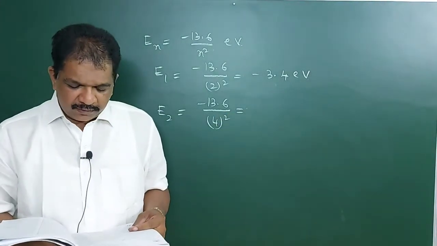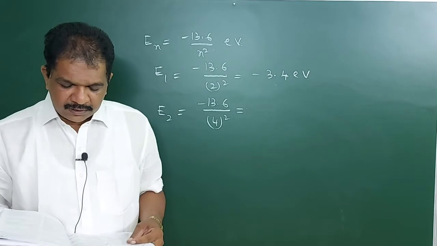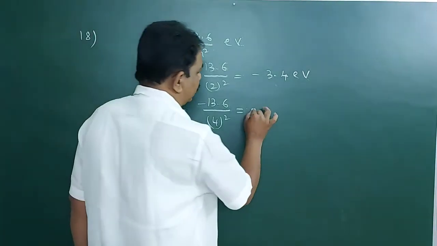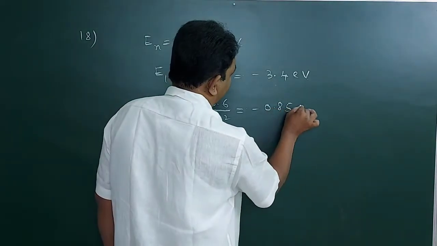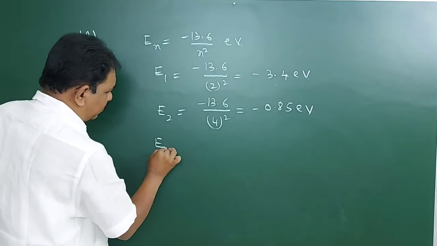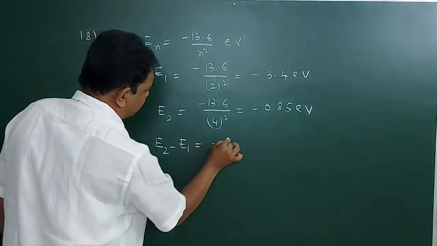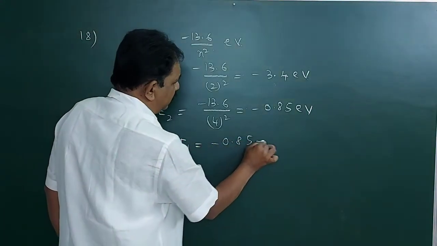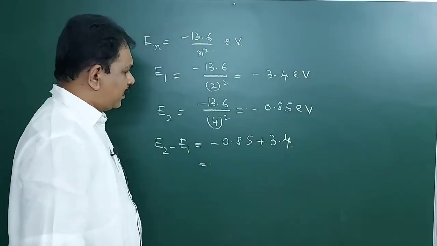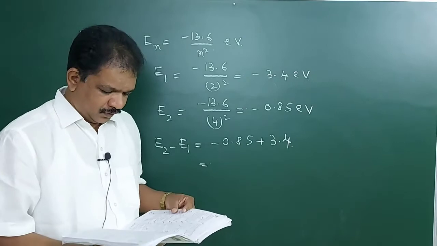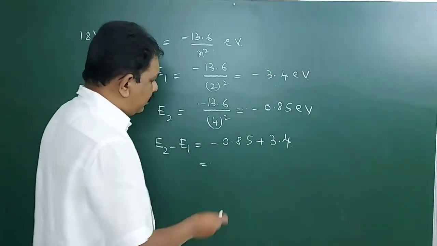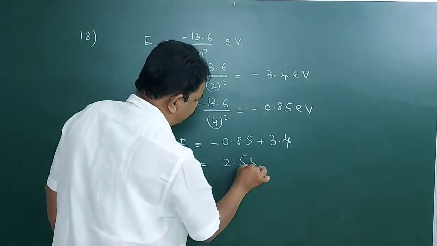If we calculate this value, this is minus 0.85 electron volt. Energy difference E4 minus E2 is equal to plus 3.4 minus 0.85. If you calculate, 2.55 will come.